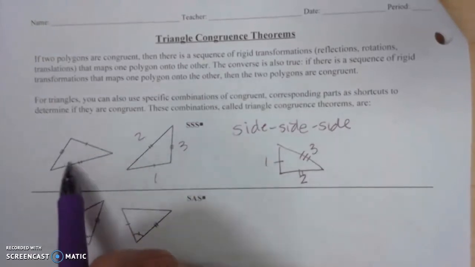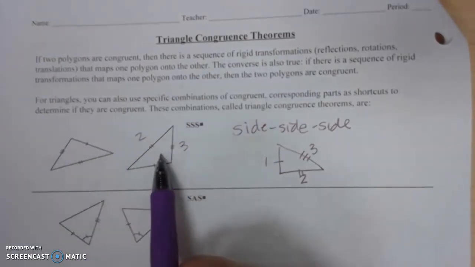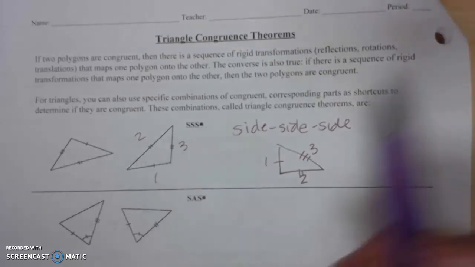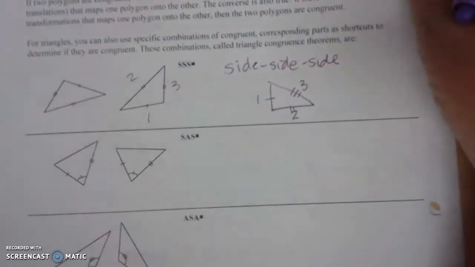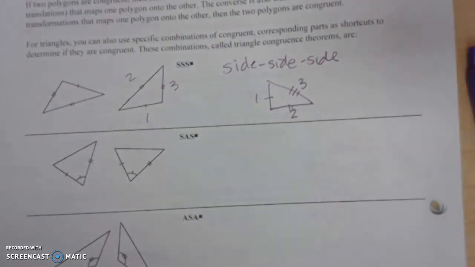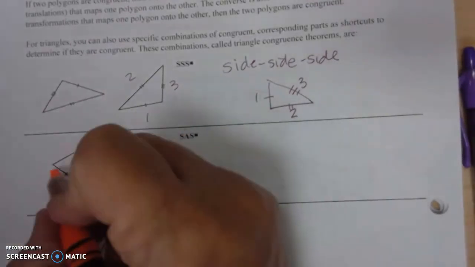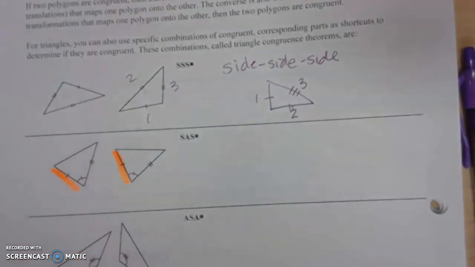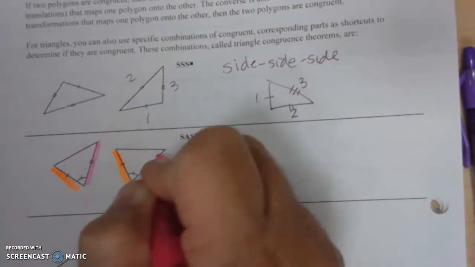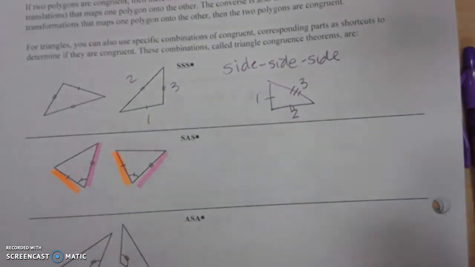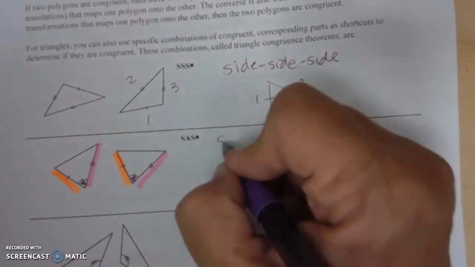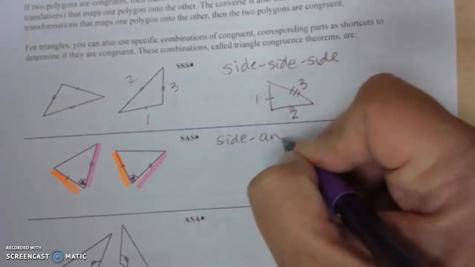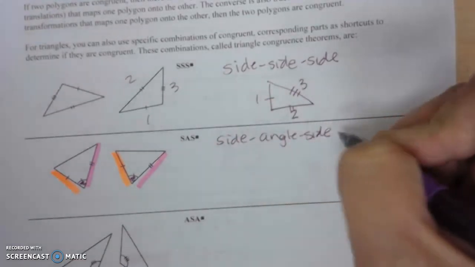But if I can prove that the 3 sides of this triangle are the same to these 3 sides, then I can just prove that the 3 sides are the same, and I don't also have to prove that the 3 angles are the same. Okay? And in this one, if I show you that one side is congruent to the one side in the other triangle, and that a second side is congruent to a second side in that triangle, and the angle between them, see the angle between, then you can use side, angle, side congruency theorem.